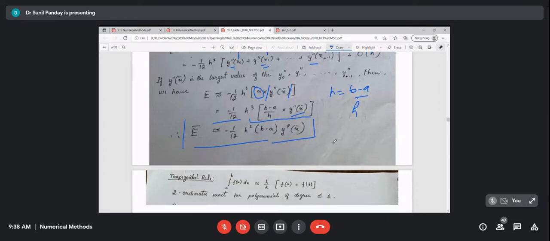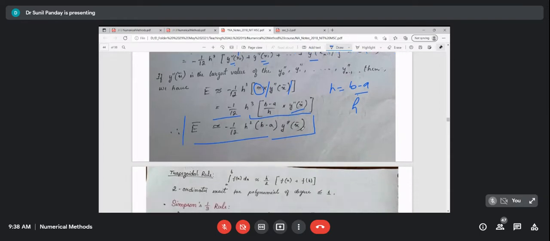So what it says is, if you integrate y dx from a to b using the trapezoidal rule, it will give the exact solution, meaning the error is zero, if y is a constant or a 1 degree polynomial, because here the second derivative of y is involved.